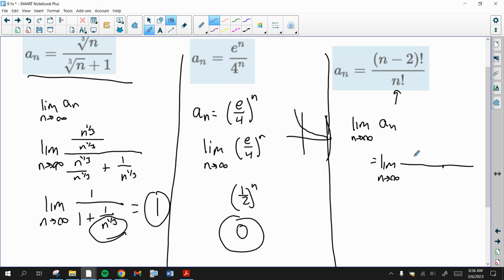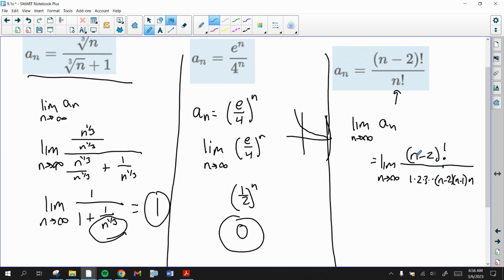So you can think of it like this. Eventually the second to last term will be n minus 1, and then the last term is n. So that's the bottom.